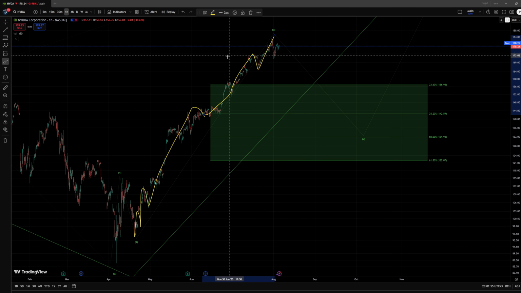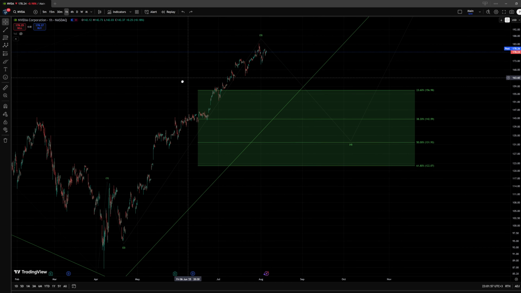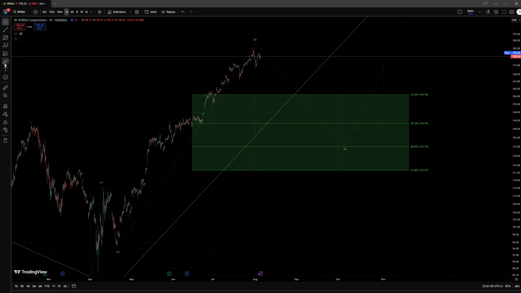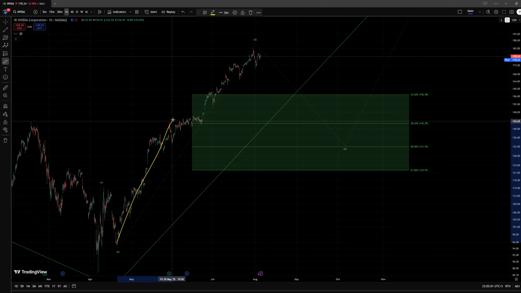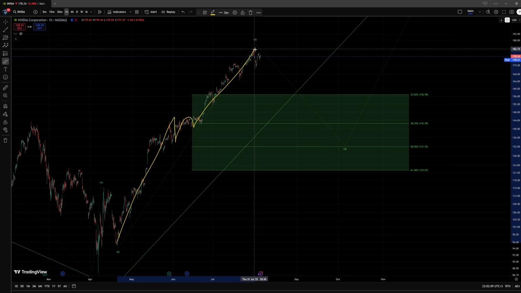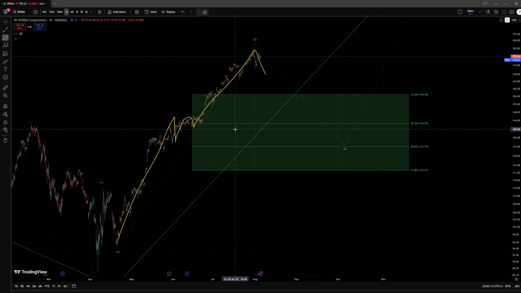Quite possible. But I could also count it in a way where I have maybe an A wave up and a B wave down, and then in the C wave a 1-2, and the third wave up, and now I would be looking for a fourth wave in this area, for which I could even provide you a support zone in this case.